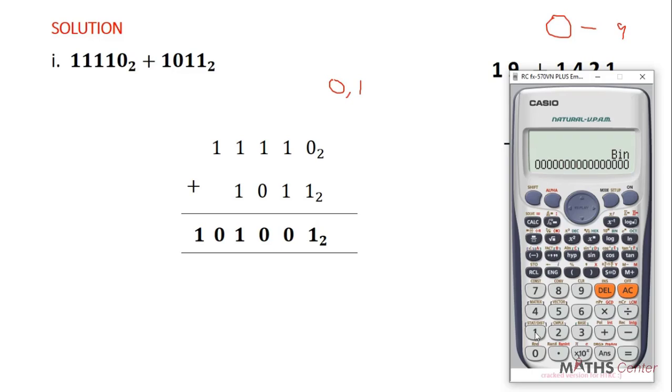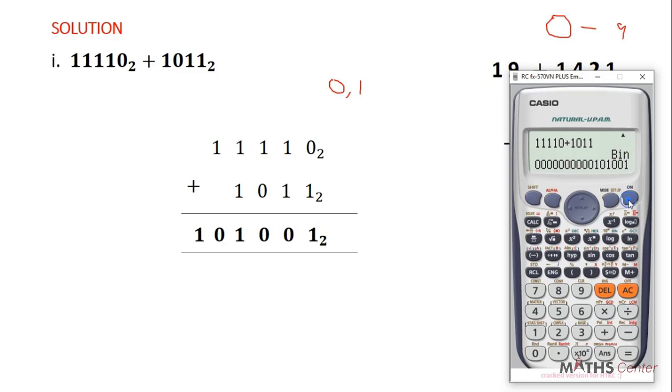So we have 1, 1, 1, 1, 0 plus 1, 0, 1, 1. After that, we will press equal to. We will pick our answer from the first significant figure. The first significant figure here is 1. So that is where we will start our answer from. So we have 1, 0, 1, 0, 0, 1, just as our calculation gave us.